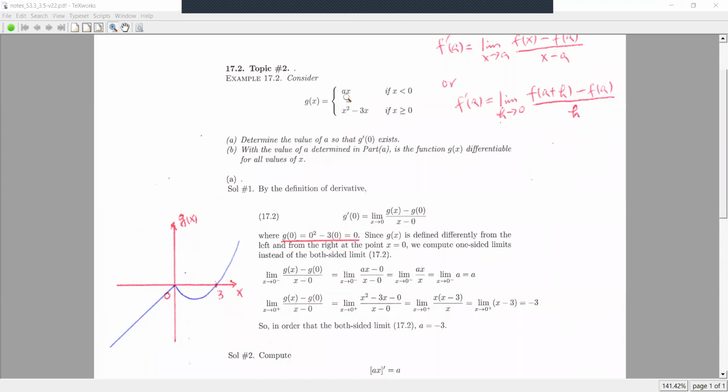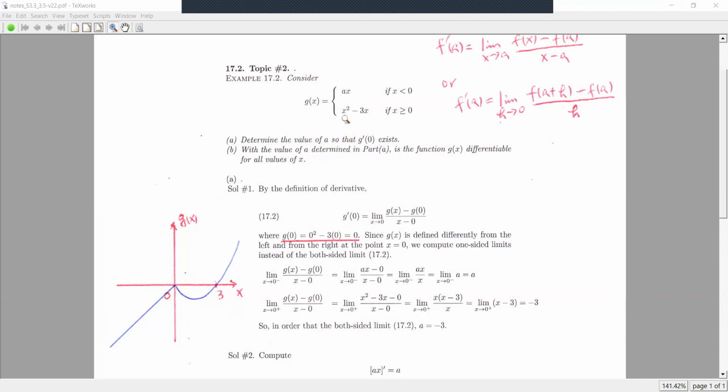The graph of a times x, a is some number. The graph of a times x is a line. The line passes through the origin. Because I don't know what a is, here I arbitrarily draw a line through the origin to represent the graph of this function.